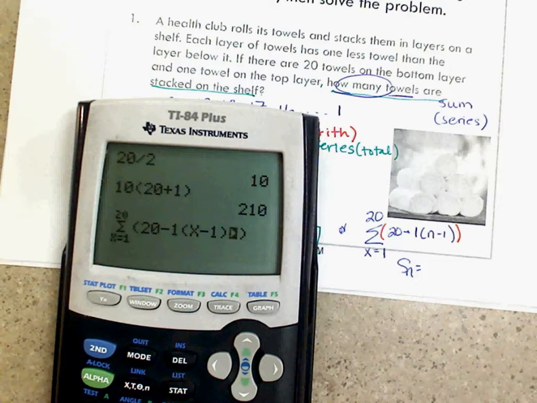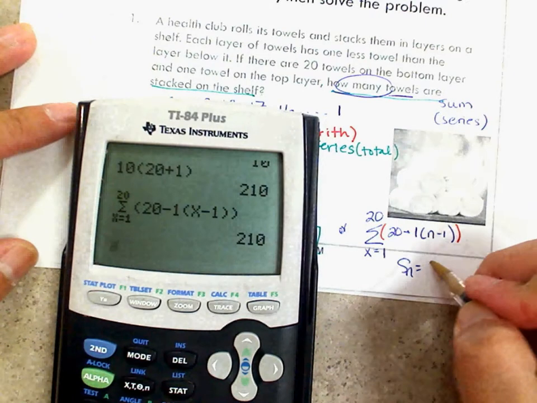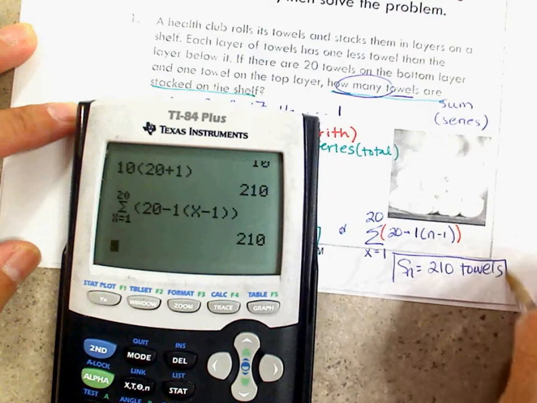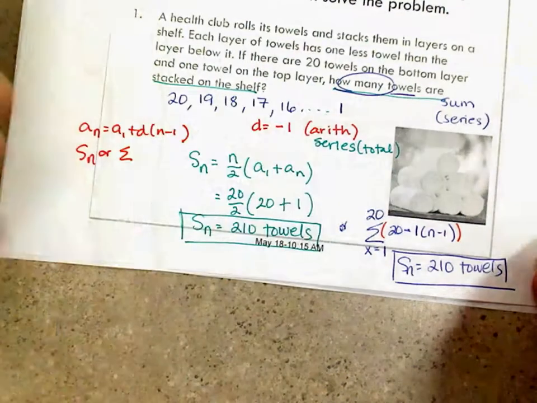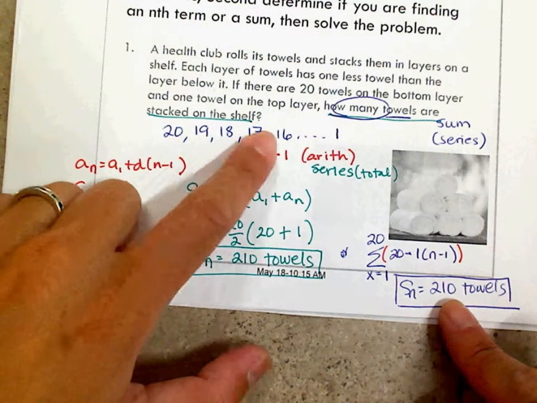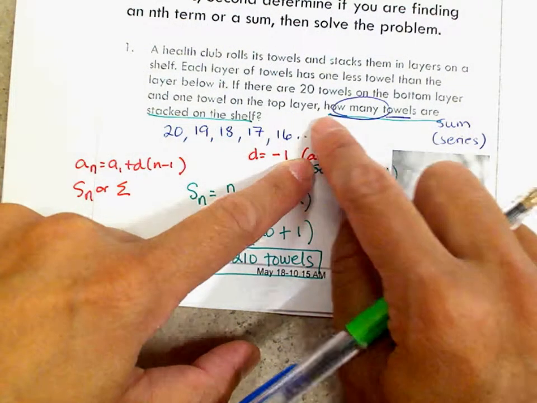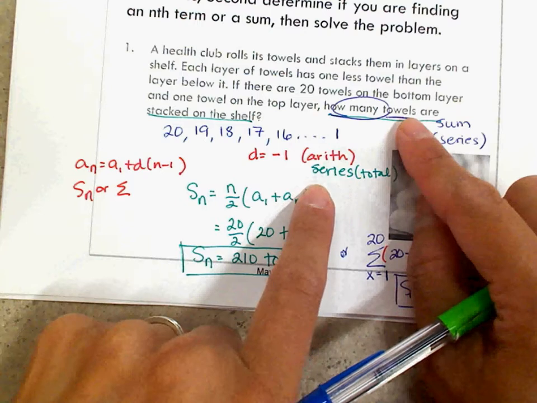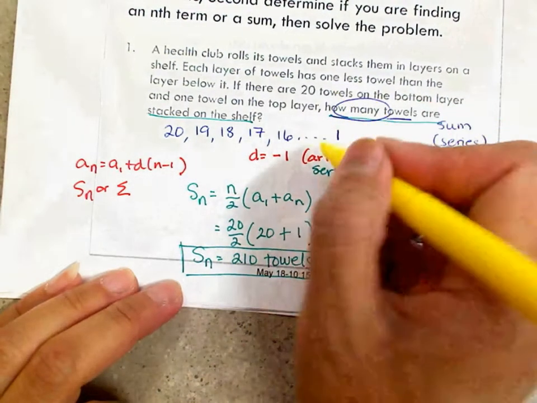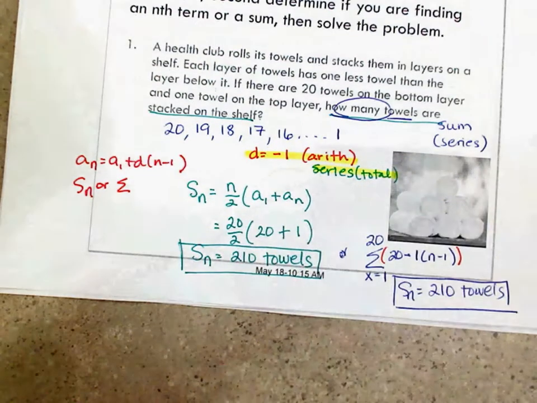And this also comes out to be 210 towels. So it doesn't matter which one you do, you're going to get the same answer. Know that I'm going down by 1, so that's arithmetic. My question says I'm looking for a total. That's going to be a series. Got to know which one to use.